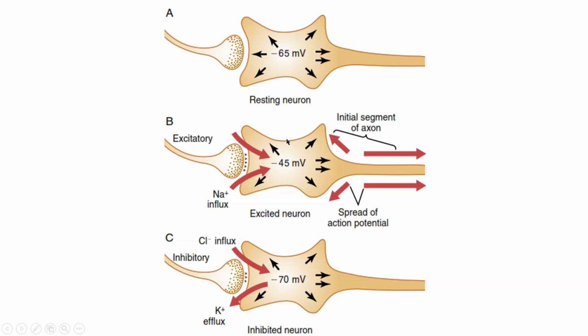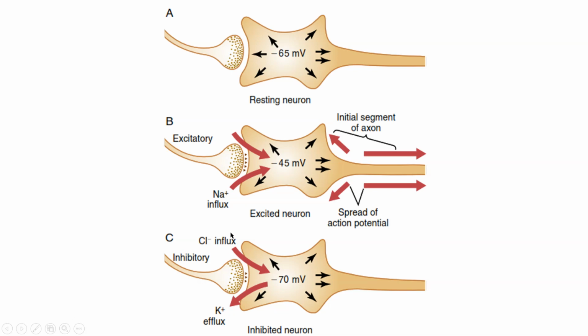This is not by the voltage gated channel, it is by the chemical gated channel, right? So this is called temporal summation, time pattern, sequential. So two types of summation.